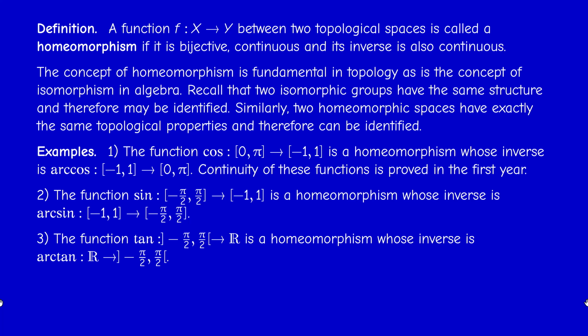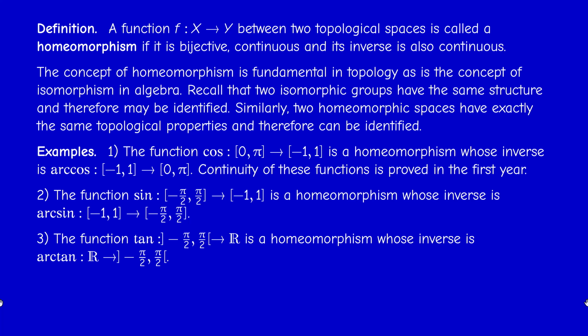So imagine taking the open interval (-pi/2, pi/2) and stretching it to get the whole line. If you picture the graph of tangent, you will see that its domain is (-pi/2, pi/2). It is transformed by some kind of stretching into the whole line. Okay.